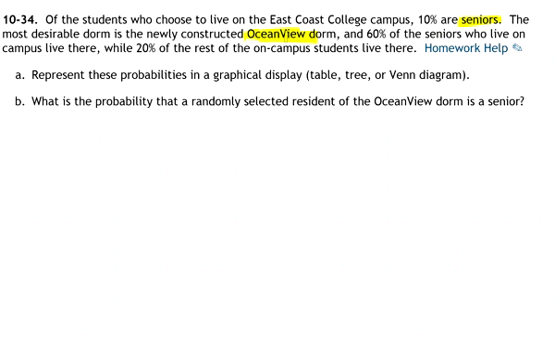The problem that I have is that when they talk about this, we've got 10% are seniors that live on campus. That means 90% of the students on campus are not seniors.